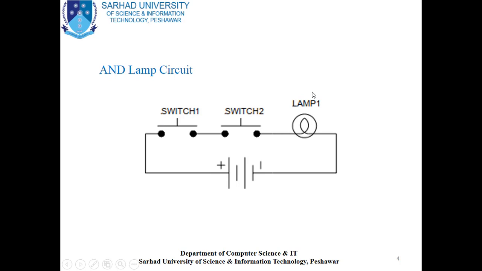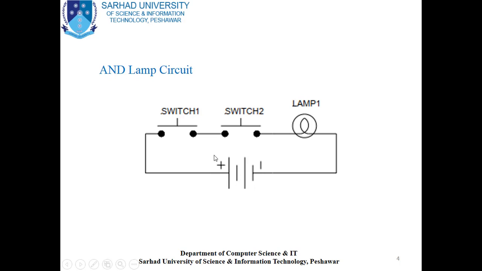Here you can see lamp 1, which also has two terminals. This is the first terminal and this one is the second terminal. It means one terminal of lamp 1 has been connected with switch 2 and the other terminal is connected with the negative terminal of the DC battery.